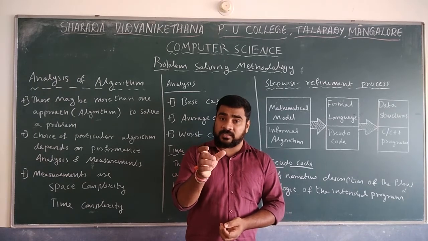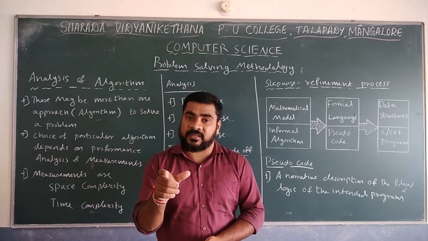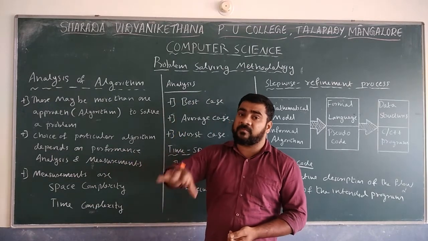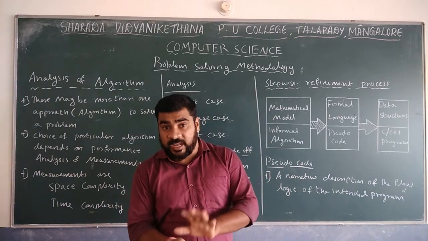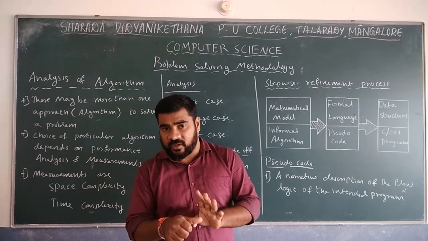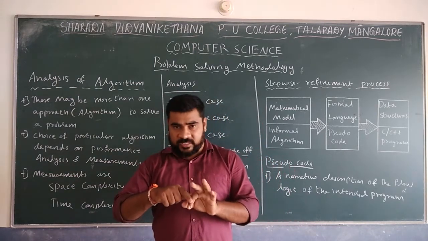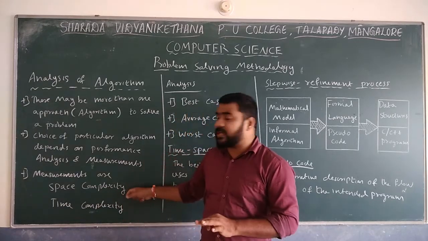So some software uses more time to execute, and some uses less time to execute. That is known as time complexity: the total time required to execute a particular algorithm. The total space required to save and execute the algorithm is known as space complexity.